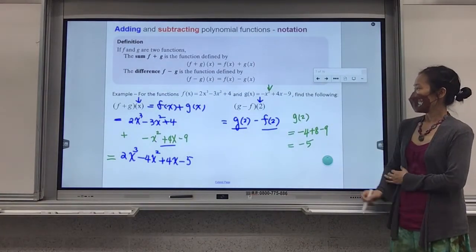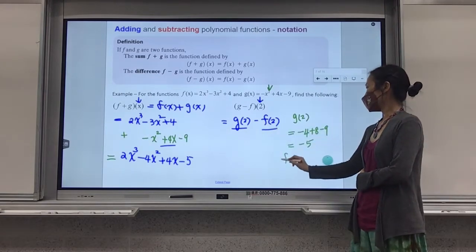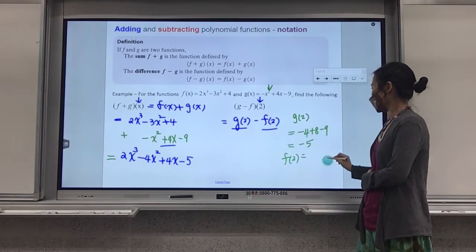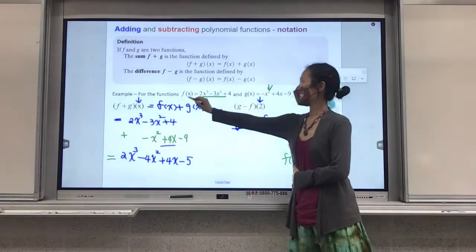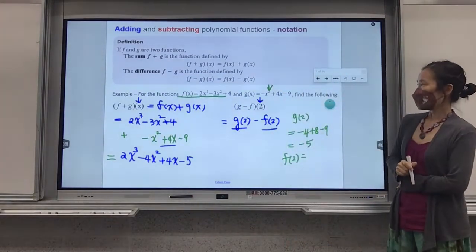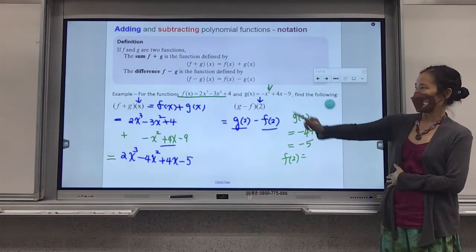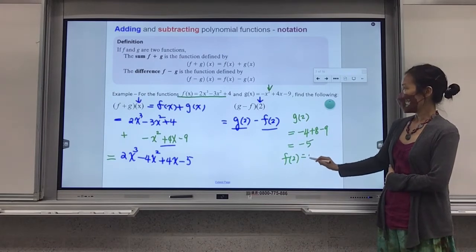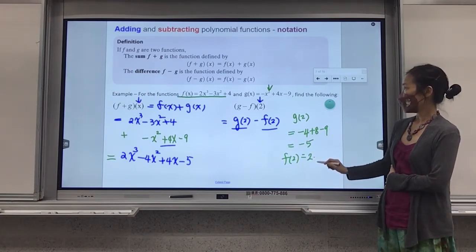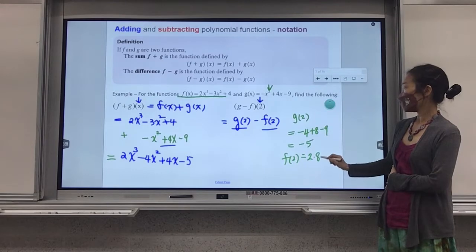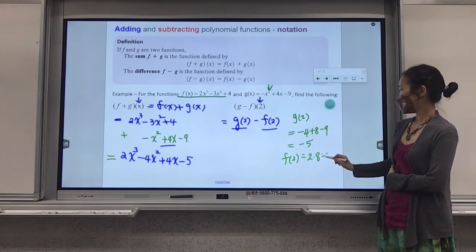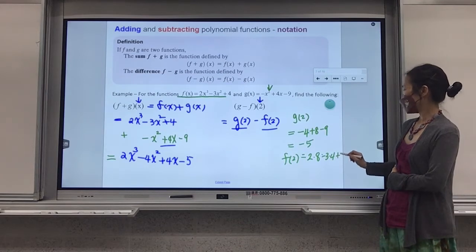Now I need to figure out what is f of 2, and pick the right function. F of 2 is substituting x into f. So 2 times 2 cubed is 8, minus 3 times 4, plus 4.